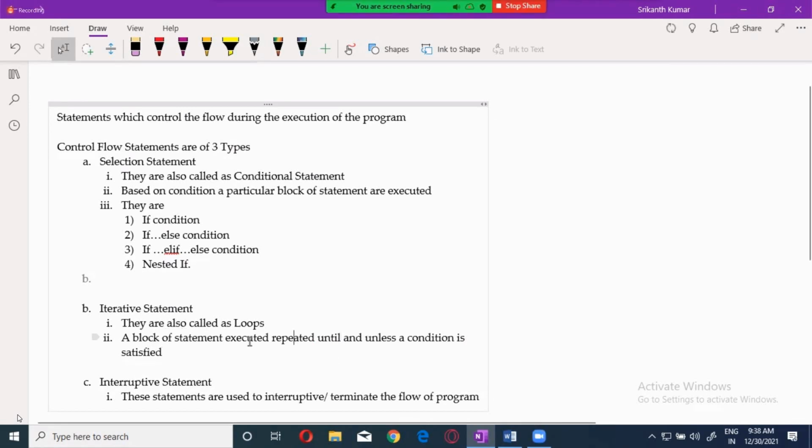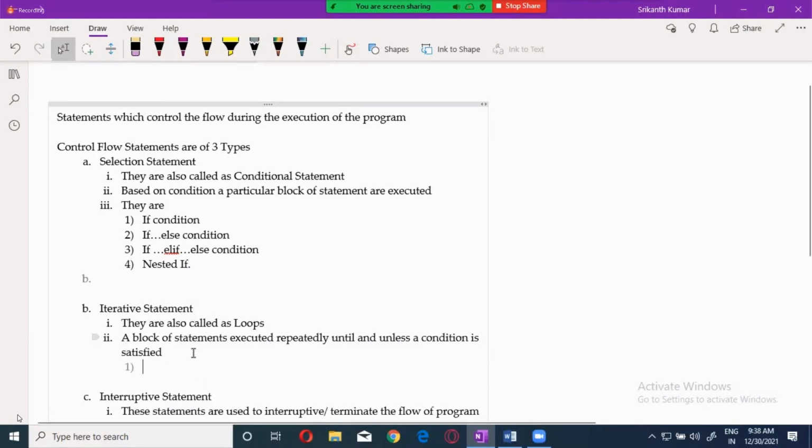A block of statements executed repeatedly until and unless a condition is satisfied is called as the iterative statements.